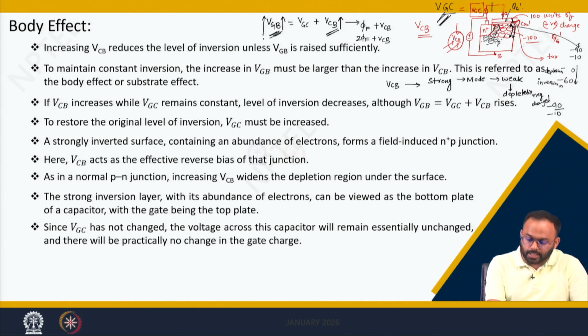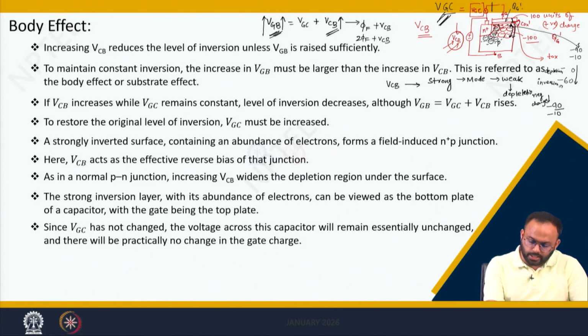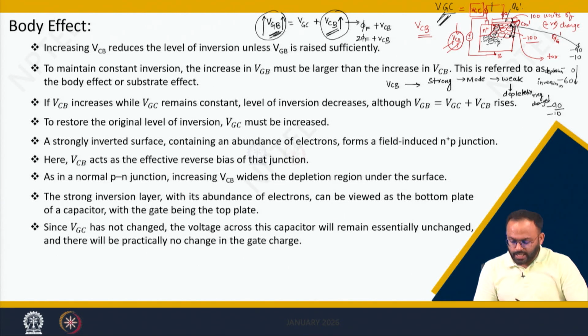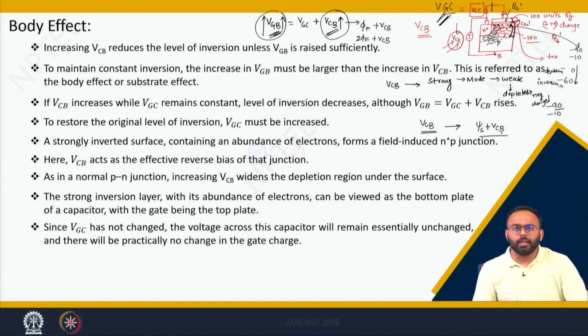But when you are increasing V_GB, the increase in voltage will drop across the oxide also, and hence the increase in V_GB will be more compared to the increase in V_CB. You can simply say the increase in V_GB should be such that it increases the surface potential by the same amount as V_CB. Correct? This is ultimately called the body effect.